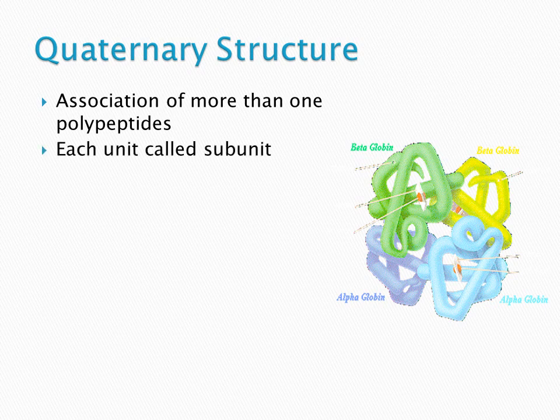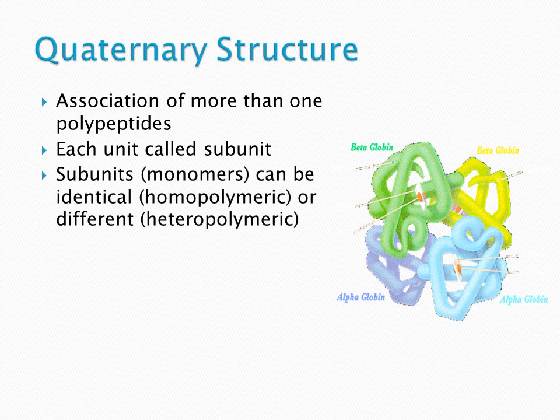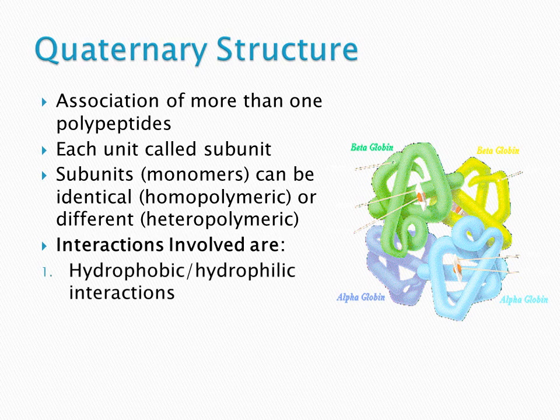Each unit in quaternary structure is known as a subunit. Subunits or monomers can be identical, homopolymeric, or different, heteropolymeric. The bonds that stabilize quaternary structure are hydrophilic interactions and hydrogen bonds. So quaternary structure is the association, or more folding, of protein to become functionally active and soluble.